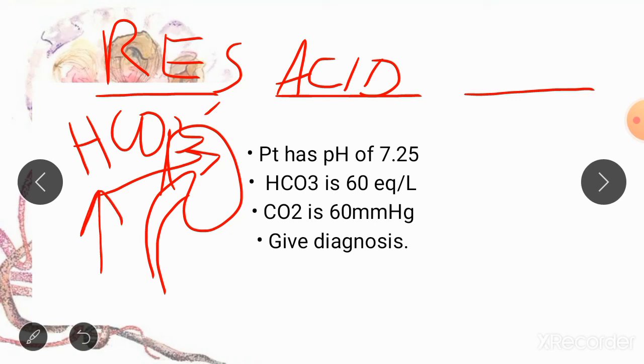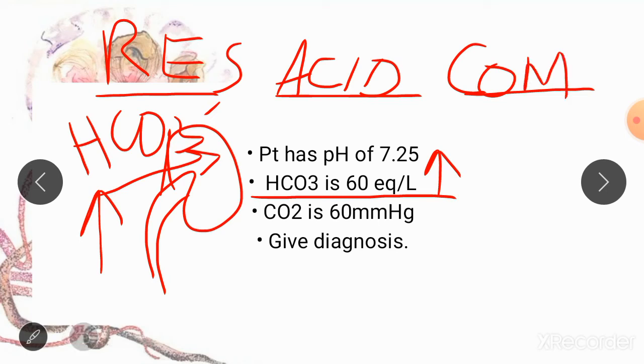Now let us look at the value of bicarb that is given to us. It is 60 equivalents per liter, and we know that the normal value for bicarb is around 22 to 28 equivalents per liter, and this value is very high, which means that it is compensated. So you can complete your answer by saying that the person is suffering from compensated respiratory acidosis.